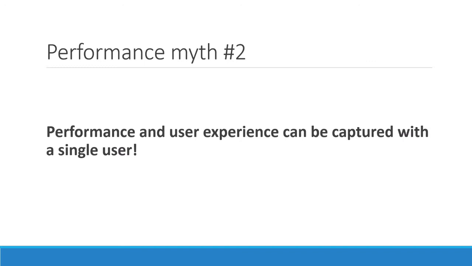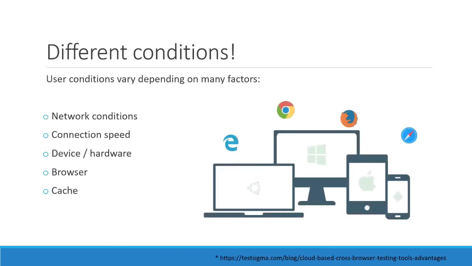And why is that? Because there are many different conditions out there that we need to take into account. User experience and performance depend on many factors, such as network conditions. Is the user browsing your website through fiber broadband or fast broadband or even Starlink, or are they using a mobile phone with a bad 3G connection?